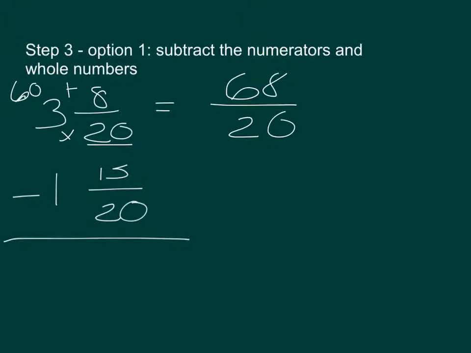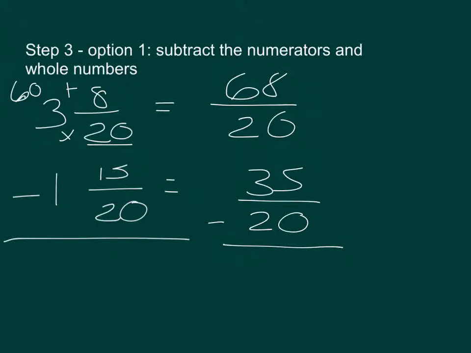So 3 and 8/20 is equal to 68/20. All right, let's do the same thing down here. 20 times 1 is 20, plus 15, that gives us 35/20.